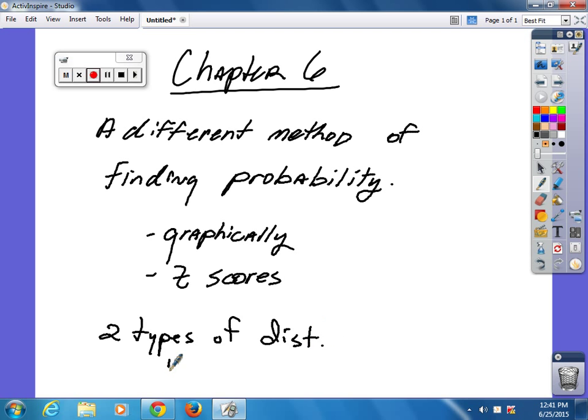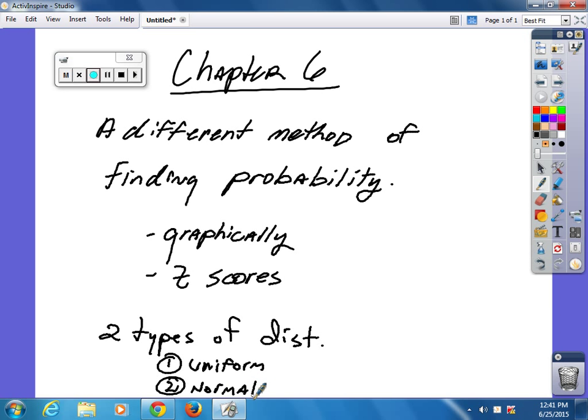One is going to be uniform, which basically is something, you know, out of 10 questions I give you, one of them is going to be uniform. And the rest is going to be normal.